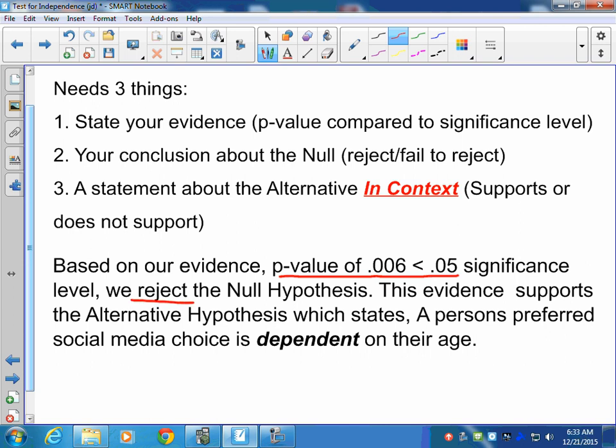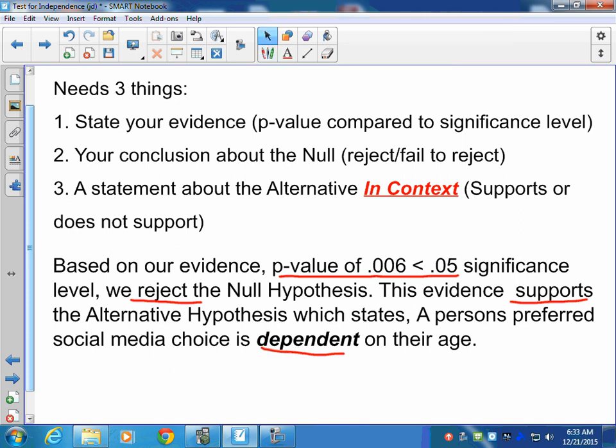What conclusion do you make about the null hypothesis? In this case, we're rejecting it. And then we have to make a statement about the alternative. This evidence supports the alternative that a person's preferred social media choice is dependent on their age.